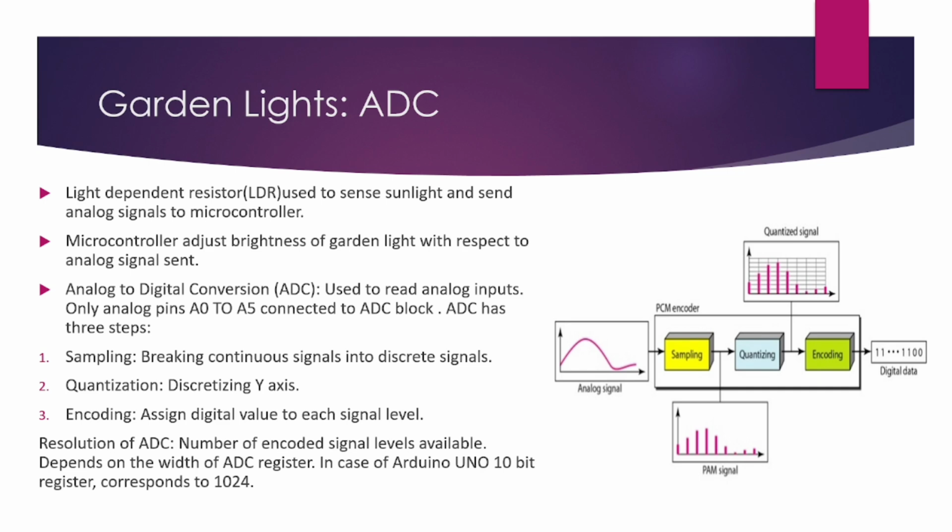During this function, ADC operation will take place, which is nothing but analog to digital conversion. It will read the analog input and convert it into digital output through three steps. First one is sampling. Sampling is nothing but breaking continuous signals into discrete signals. Second one is quantization. And third one is encoding, that is, assigning a digital value to each signal level.